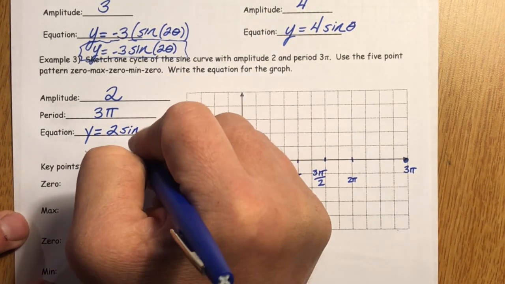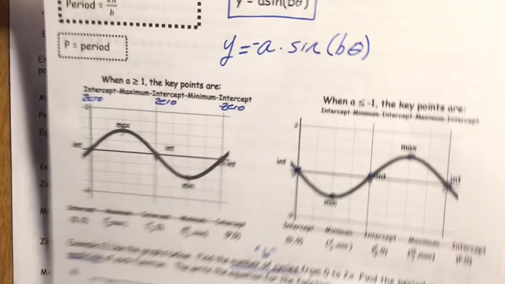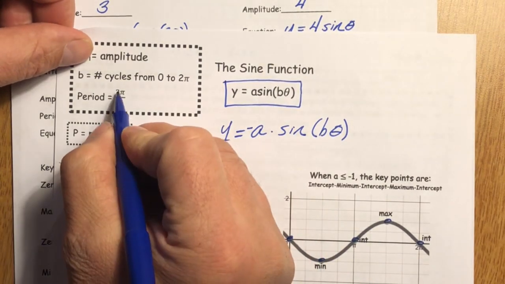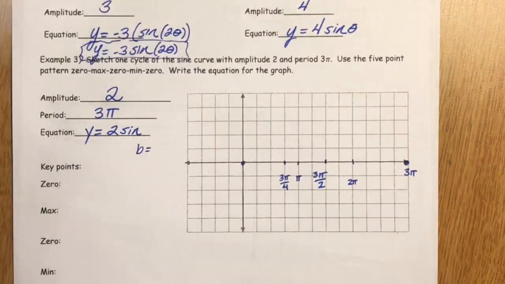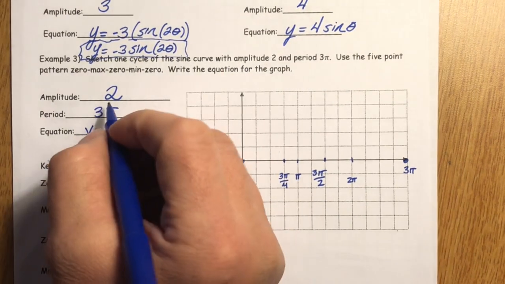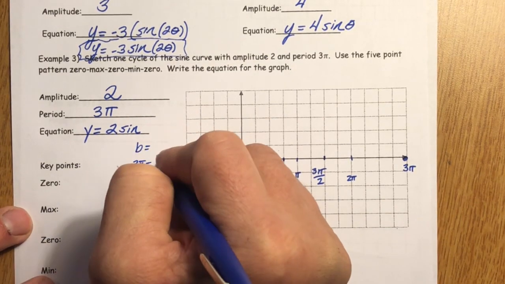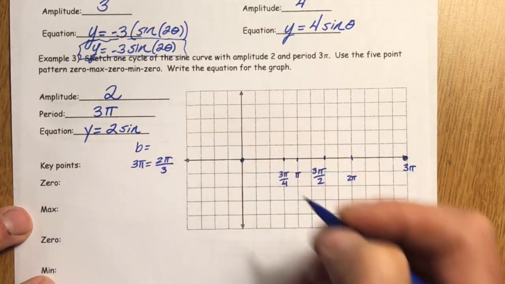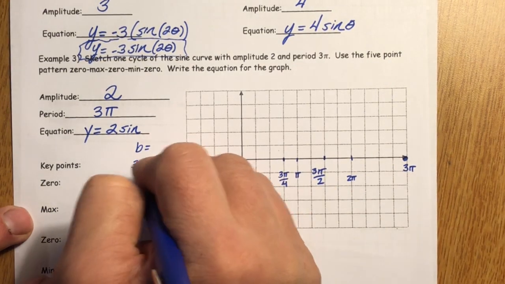Remember, if you remember back from our notes, the period is 2 pi over B. Well, if we know that the period is 3 pi, I'm going to take 3 pi equal to 2 pi over B, so B is 2 pi over 3.